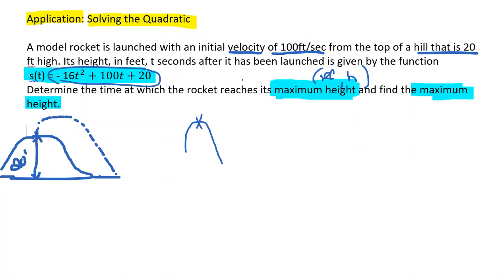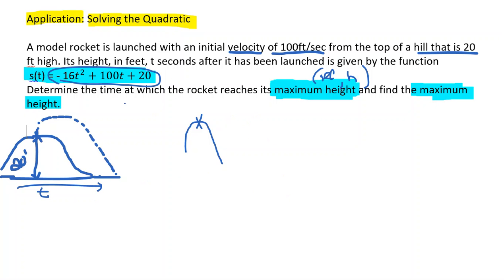Well, you were given everything you need to know. We already have this written in the quadratic form, ax squared plus or minus bx plus or minus c. Well, in this case, t is going to be x because we're talking about time. And we're going to say this right here is my x-axis, and it represents time, so it's going to be t.